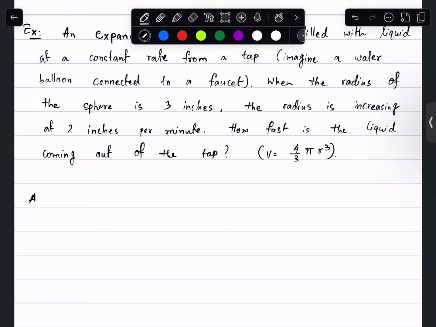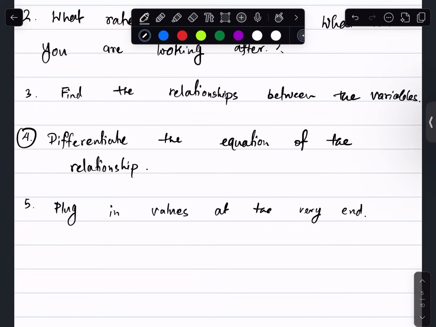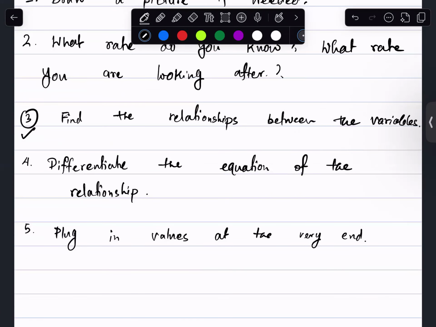So this time I have the equation or the relationships. So step 3 is already given to us. Oh, no, sorry, it's not step 4. Step 3 is already given to us.